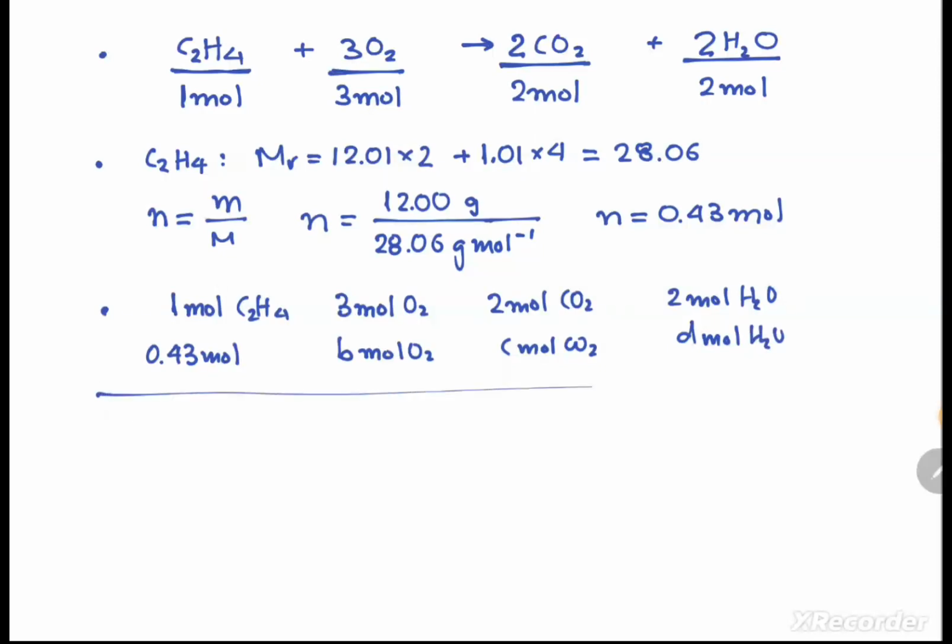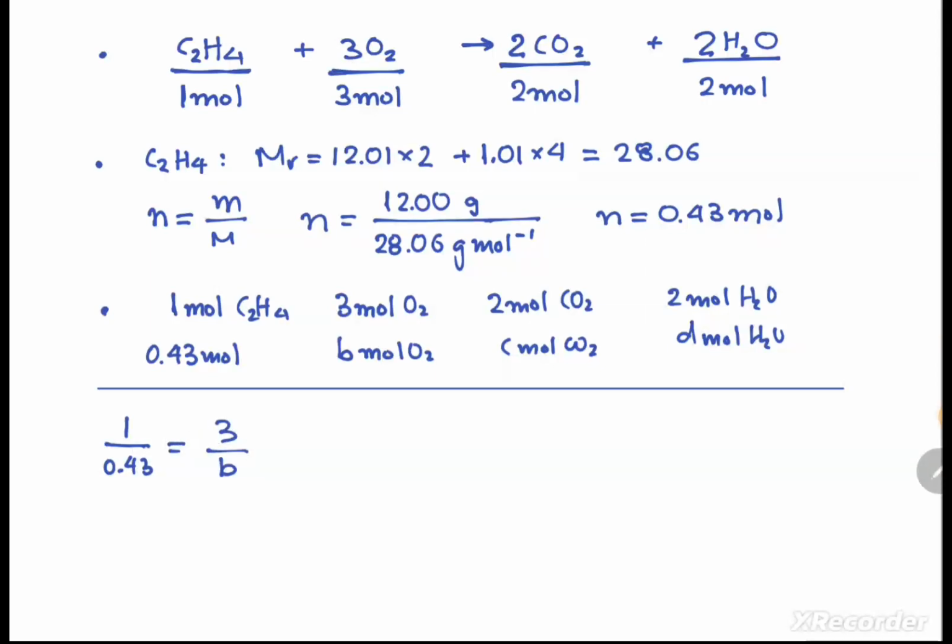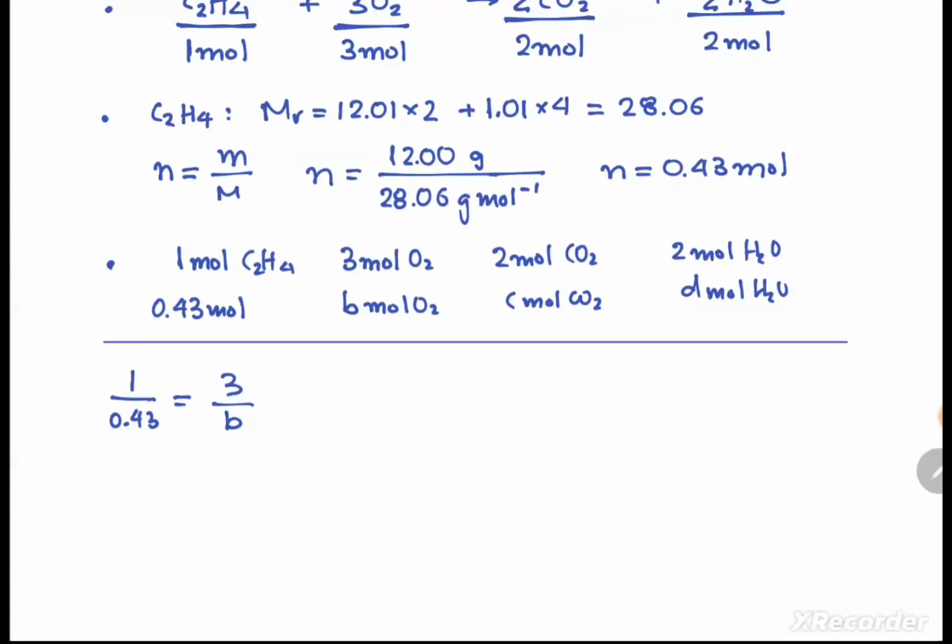Then we have to solve the ratio. So we have, and the result is 1.29 mole oxygen reacted.